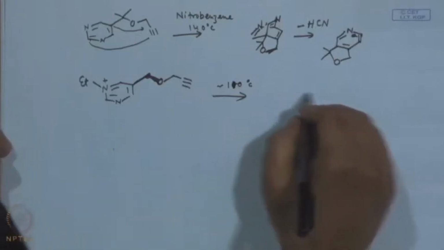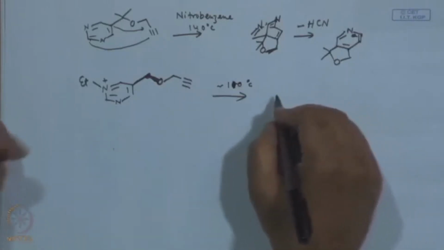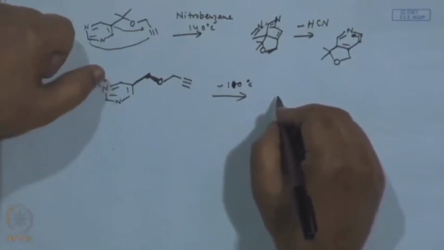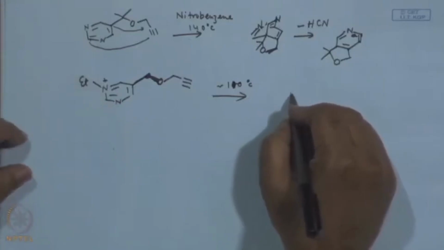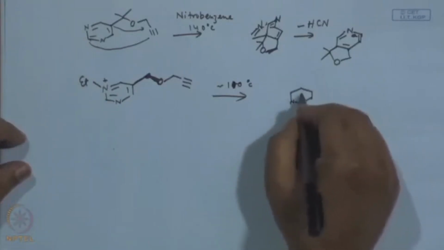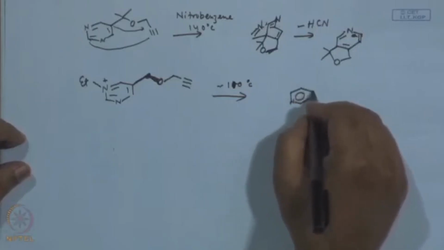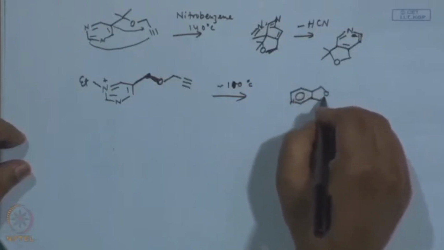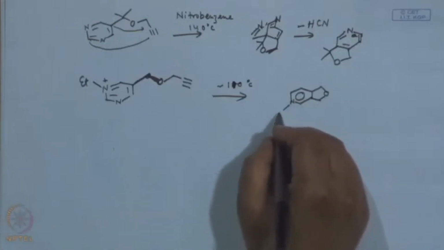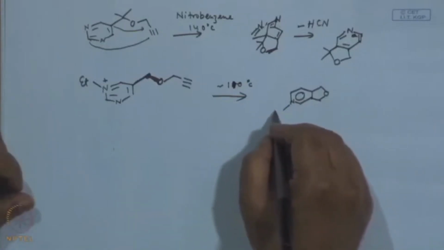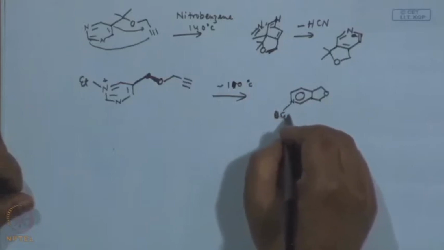And if you do the Diels-Alder, then there is a chance that this quaternized nitrogen would be lost, or HCN would be lost, but in this case the HCN is lost. So, what you get, exactly the way we got it was the furopyridine case, the ethyl group and this.